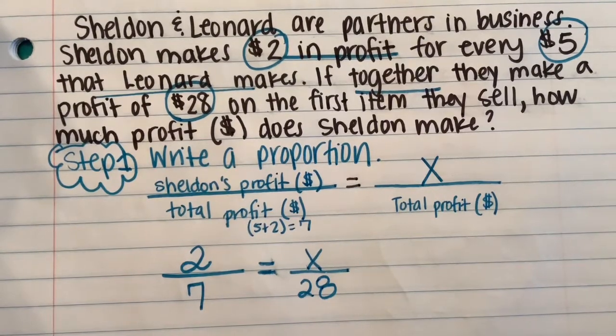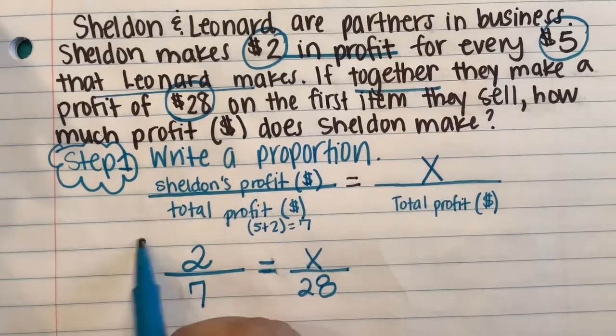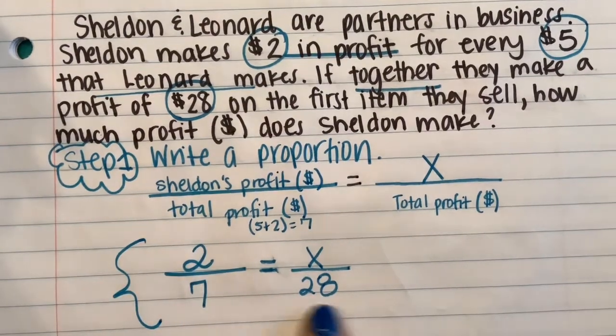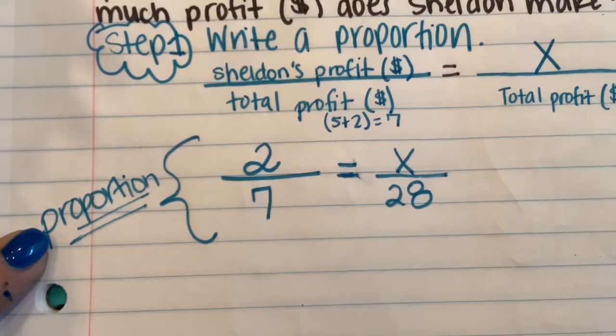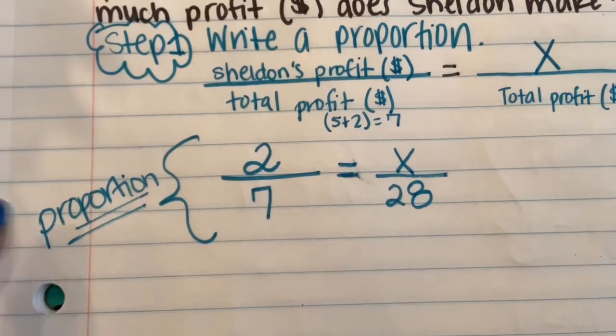This is how you set up your proportion. This right here, 2 over 7 equals x over 28, is your proportion. So please go ahead and label that as I did so you have it in your notes to reference later.